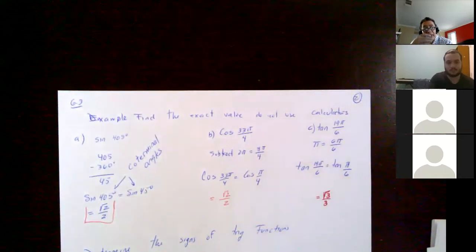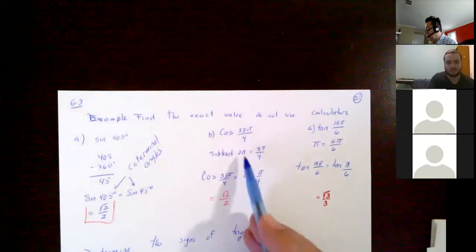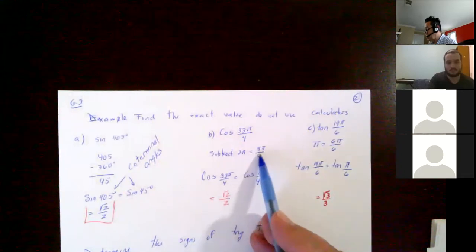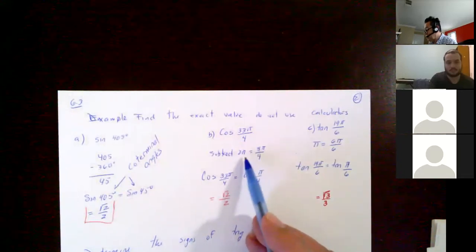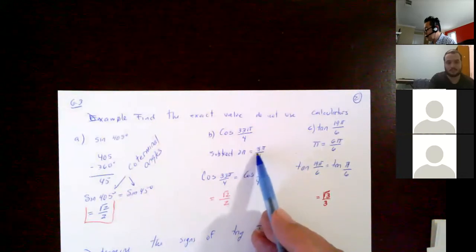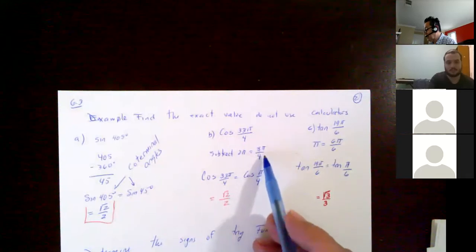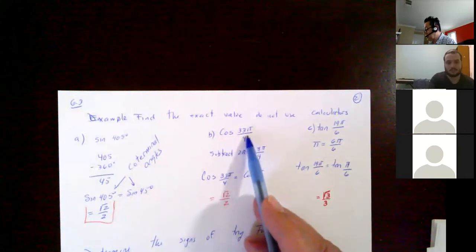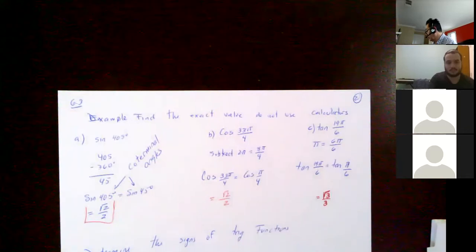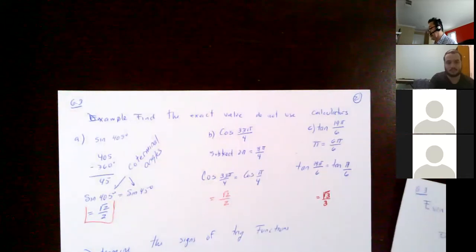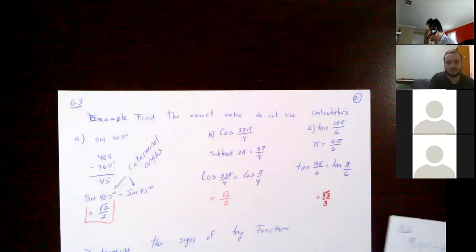So we're going to start subtracting 2 pi from 33 pi over 4. But to make our life a little bit easier, let me rewrite 2 pi with a denominator of 4. 2 pi is the same as 8 pi divided by 4. Let me get an extra piece of paper right here.